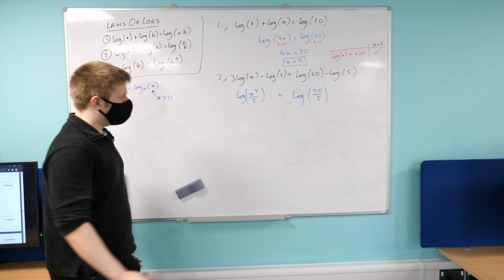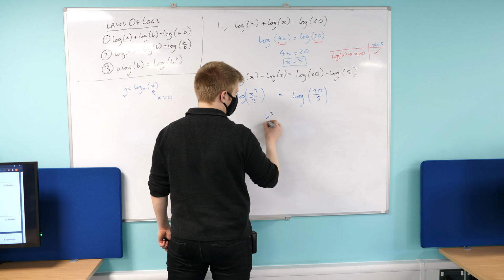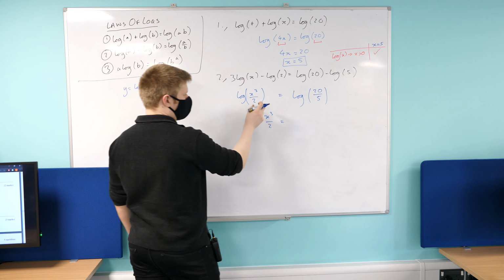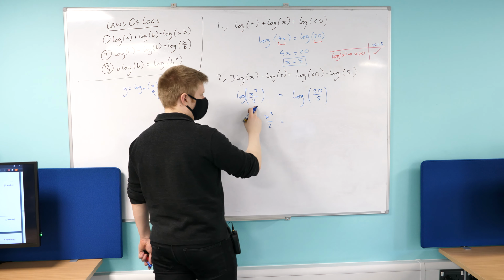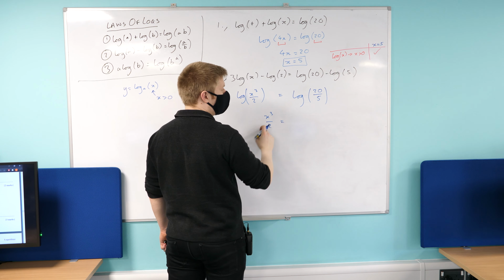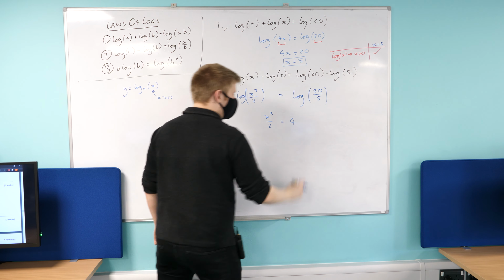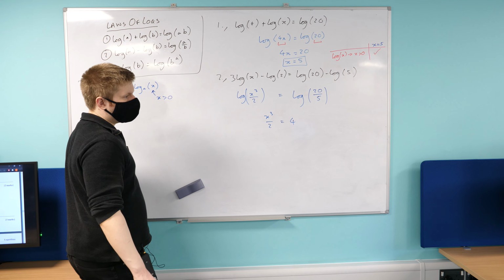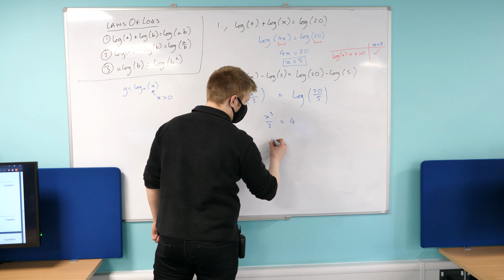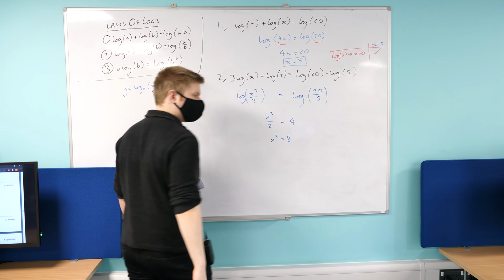Okay, now what? X to the power 3 over 2 equals 4. Good. So in other words, you're saying log of something equals log of something. Those two somethings have to be the same. So x to the power 3 over 2 becomes 4. Good. Now what? 2 multiplied by 4. So you get x cubed equals 8.